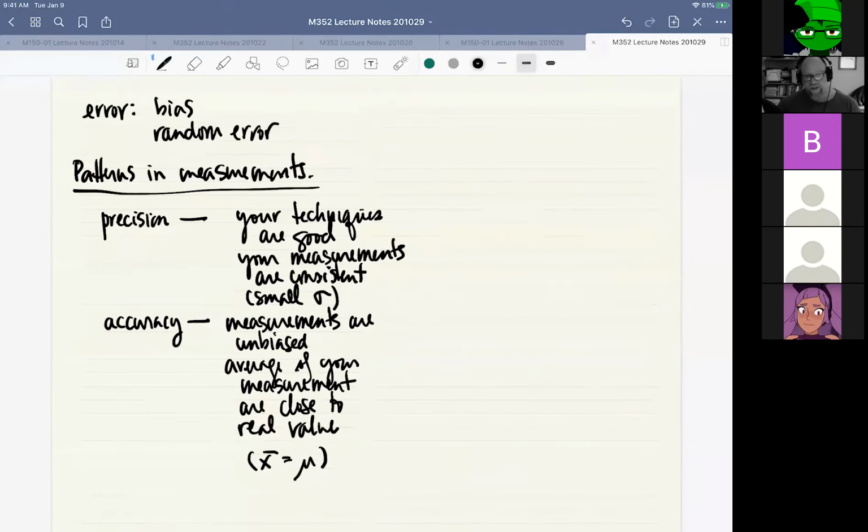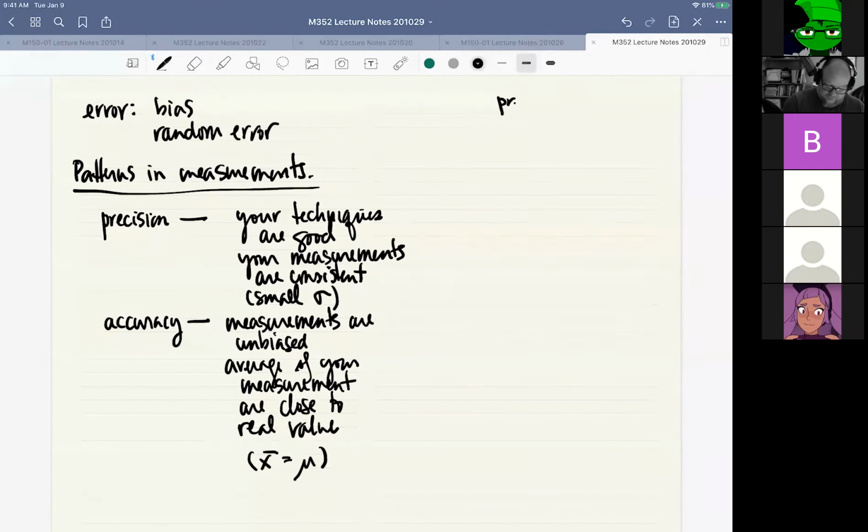So you can be precise without being accurate. That's to say, you can be precise and biased, or you can be unbiased, that is accurate, but imprecise. Those are the four things that can happen.